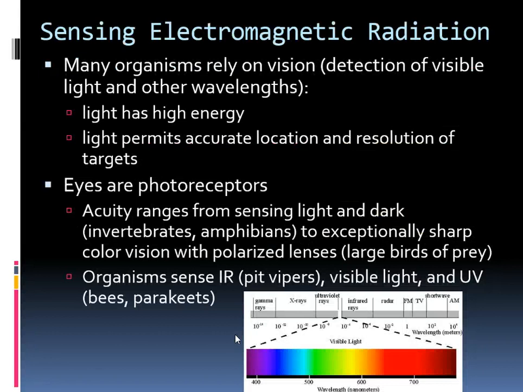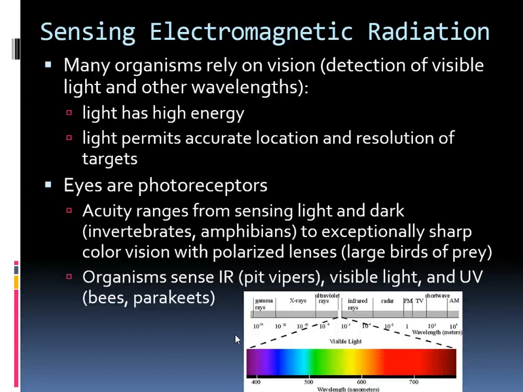Okay, now, when we are talking about seeing, we typically think about just the visible light because that's what we see, but lots of animals actually sense other wavelengths. Okay, light has a really high energy, and so it allows for really good location and resolution understanding of where targets are, but it depends on actually what you're sensing as to how complex a picture you get.